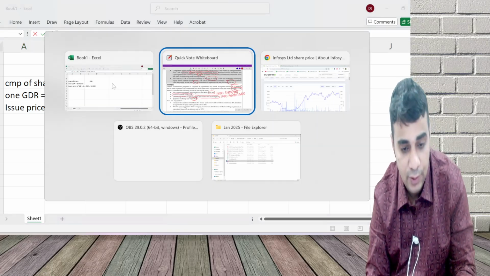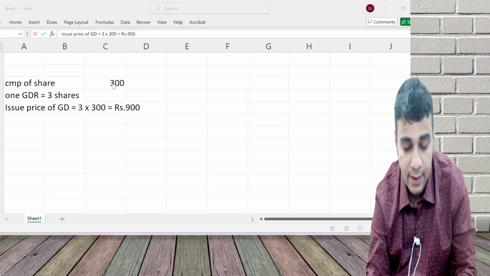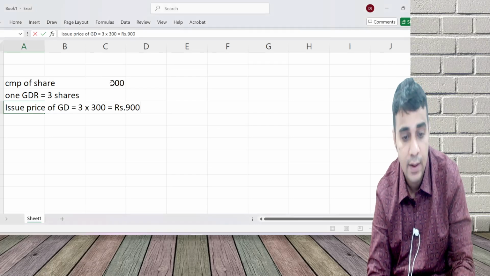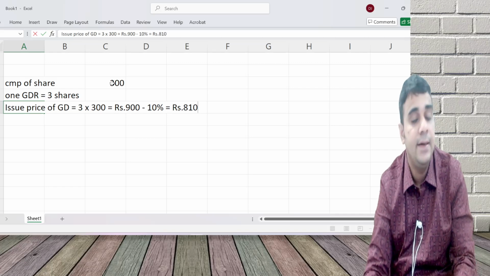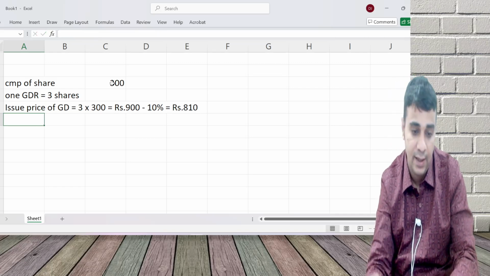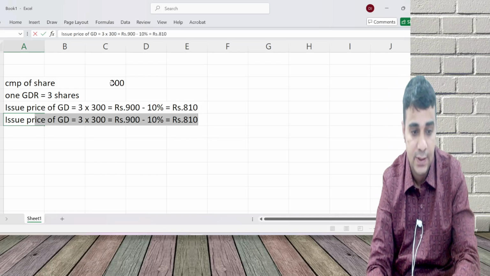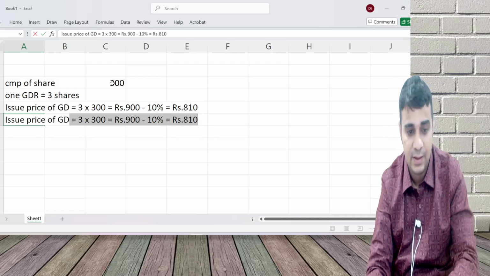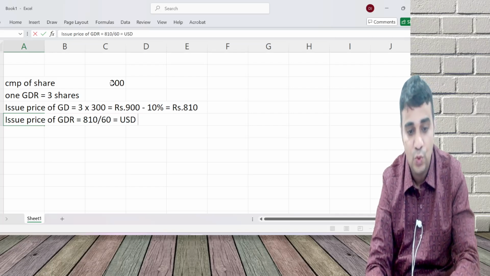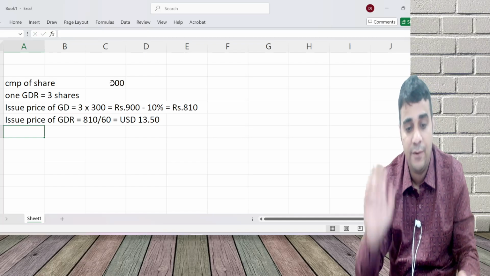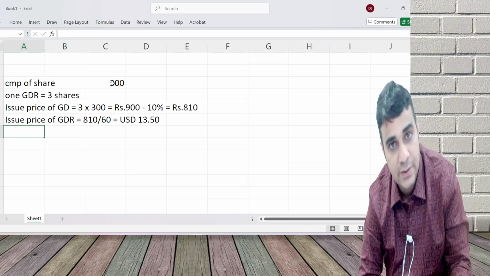But they don't want to issue it at 900, they want to give a discount of 10%, so 810 rupees. Ultimately, the issue price is 810 by 60, which is USD 13.5. This is the issue price of a GDR.